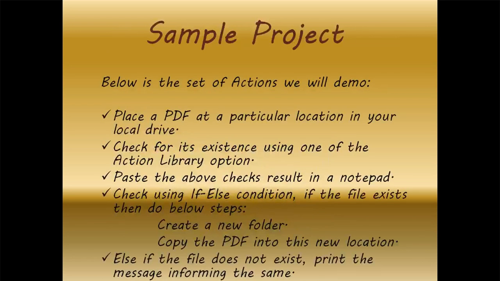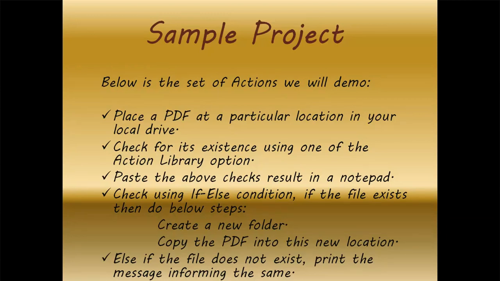Here we will create a sample project to demo the below steps. First, we'll place a PDF file at a particular location in a local drive. We will check for its existence using the files and folders action library option. We'll paste the results in a notepad. Then, using the if-else condition, we will check if the file exists.